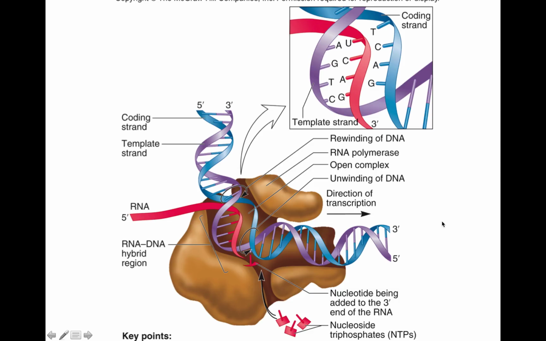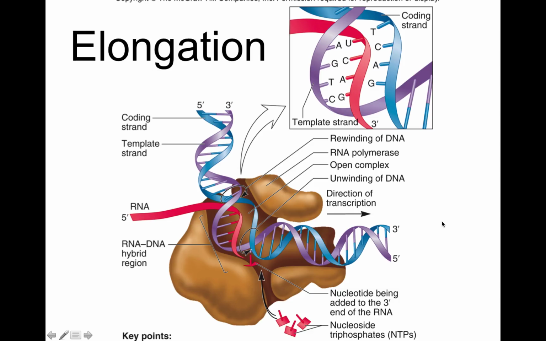Here's a little bit more up close and personal about what's happening at the elongation phase. Let's start at the beginning here. So the first thing that happens is that you've transitioned from a closed to an open complex. DNA is unwinding. Here you see the two strands of DNA in purple and blue separating from each other.